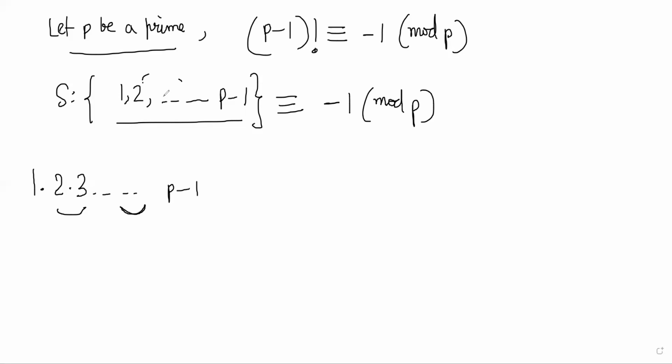So for any X, can we find the inverse here? For any I here, let's say, I into X is equal to 1 mod P. So we know that it is guaranteed that there will be an X, and that X will lie in this set.